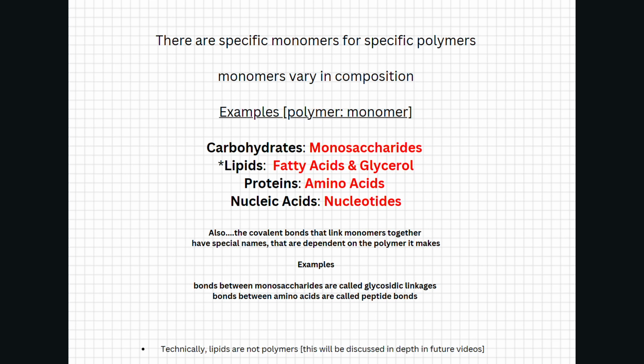Glycosidic linkages and peptide bonds are covalent bonds, but oftentimes professors and teachers are going to want you to know what the specific covalent bond is called. So if someone were to ask you, what is the bond between two monosaccharide monomers, you wouldn't say just covalent, you'd specify it's a glycosidic linkage, and that implies that it is covalent.